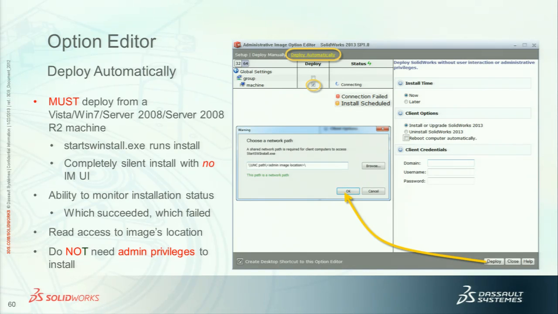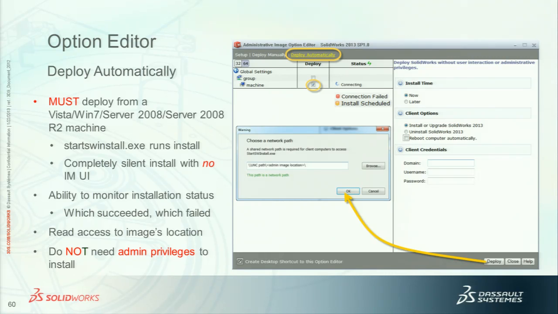And I'll get to you in a second. You have to deploy this from a Vista, Windows 7, Windows 8, Windows Server 2008, or Windows Server 2008 R2 machine. If you try to do this from an XP machine, XP doesn't have the functionality to do that.